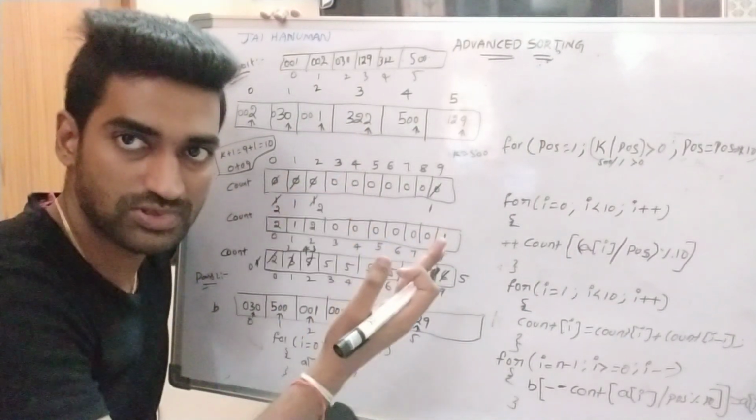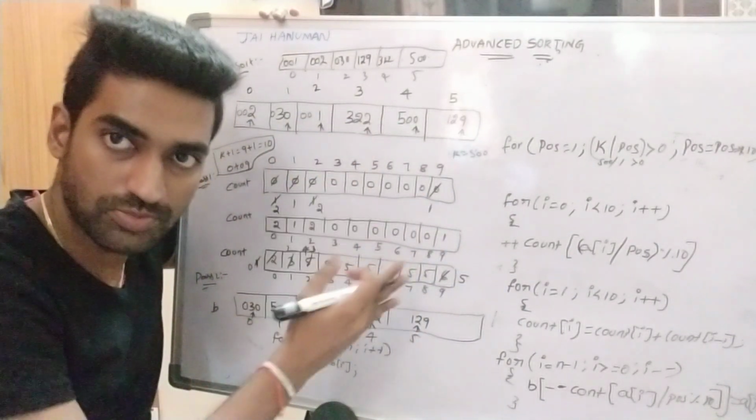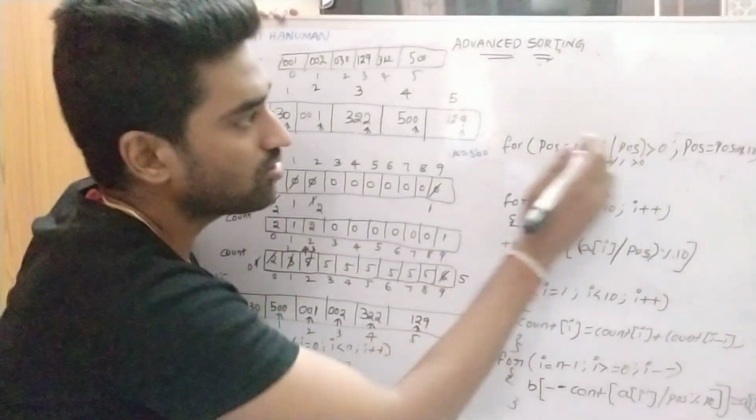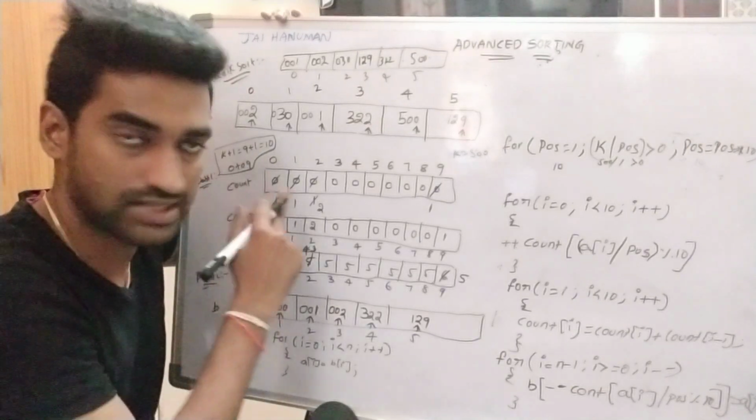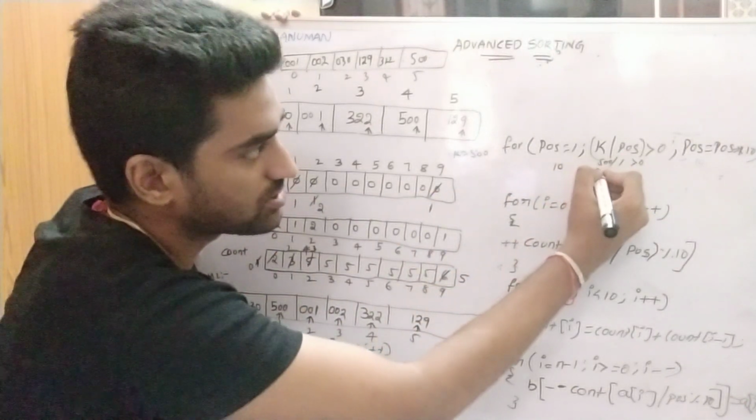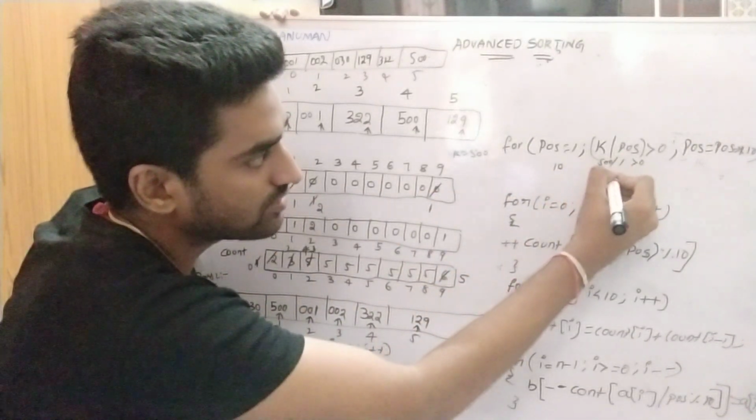So after completion of the first pass, the position value goes to the second digit. That is first position, 10th position, 100 position, 1000 position. So now position value becomes 10. For the second pass, 10th position, here 500 by 10.